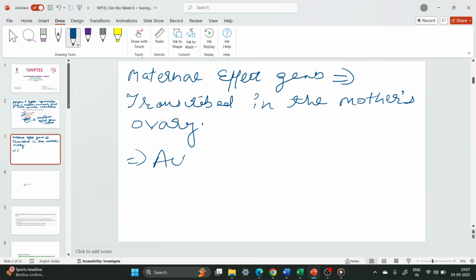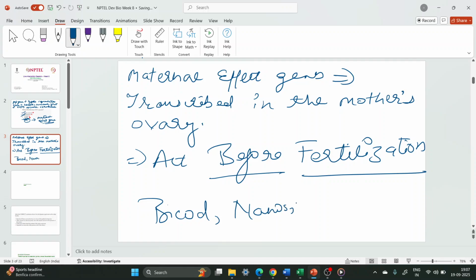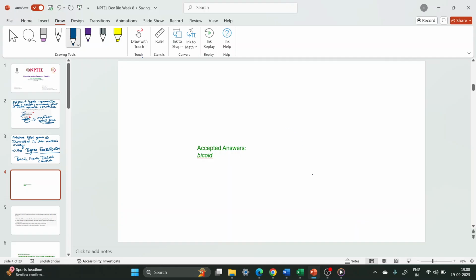It is very important that they act before fertilization. The examples are: bicoid is a maternal effect gene, nanos is a maternal effect gene, dorsal is also a maternal effect gene, and caudal is also a maternal effect gene. So I hope this is clear. So the correct answer, the one which is not a gap gene, is bicoid.